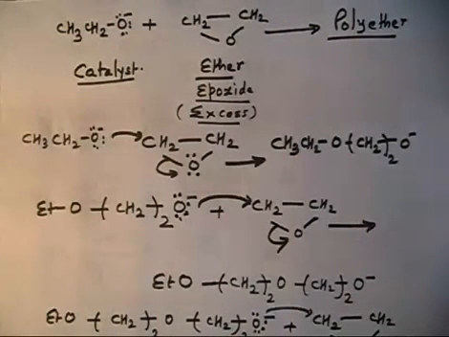So this is something about polymerization. You can polymerize ether, and this is polyether. If you polymerize an alkene like ethene, it is called polyethene. If you polymerize ethylene, it is called polyethylene. So the word poly stands for n. Polymerization means you add the same molecule many times.